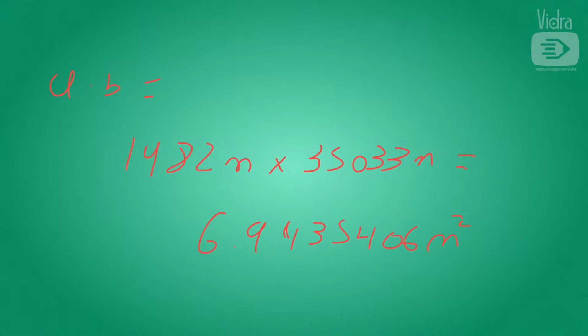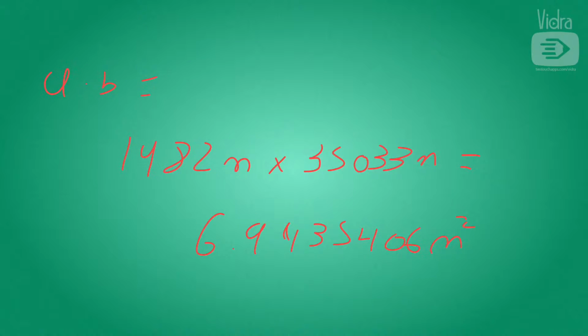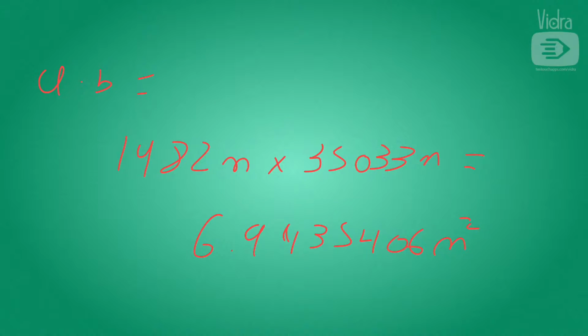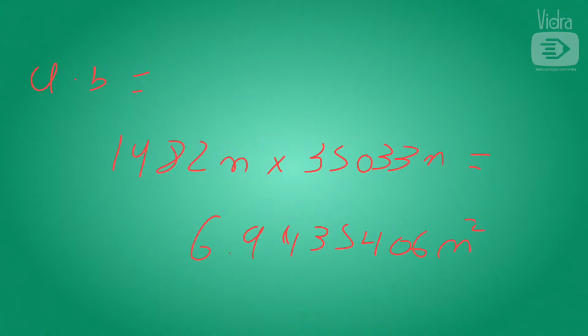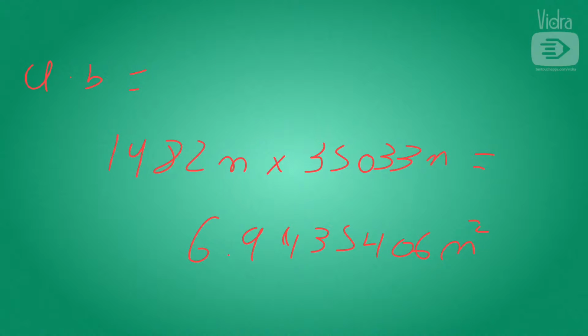Starting with the calculations, what we do first is simple: just multiply the values of A with the values of B. So we're multiplying 1982 meters with 35,033 meters, and if we do this multiplication, it gives us quite a long number.